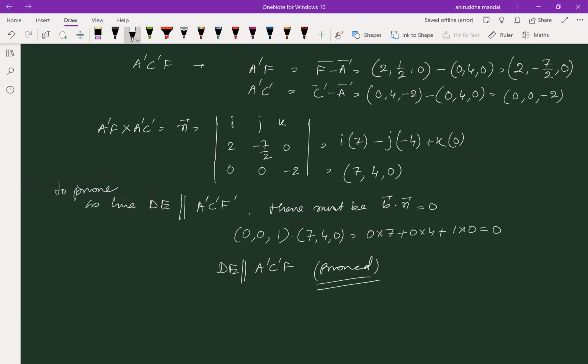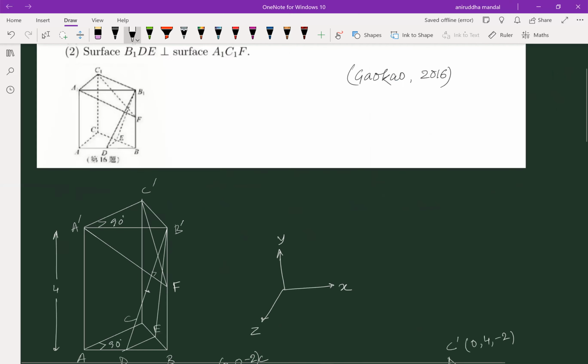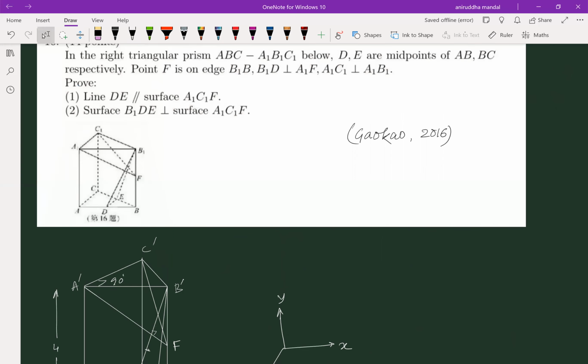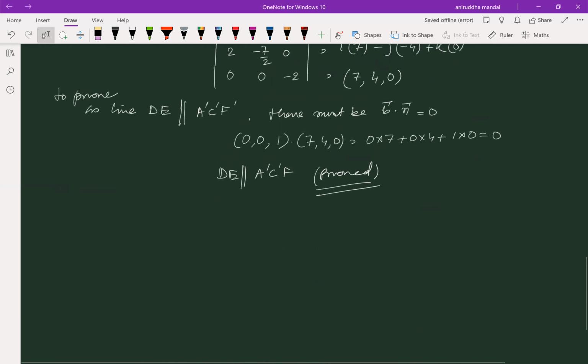Okay. Now the second point is surface B1DE and A1C1F are perpendicular. Okay. Now the surface B1DE is perpendicular to A1C1F.